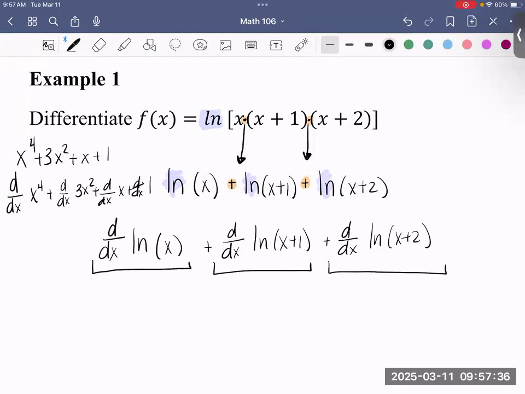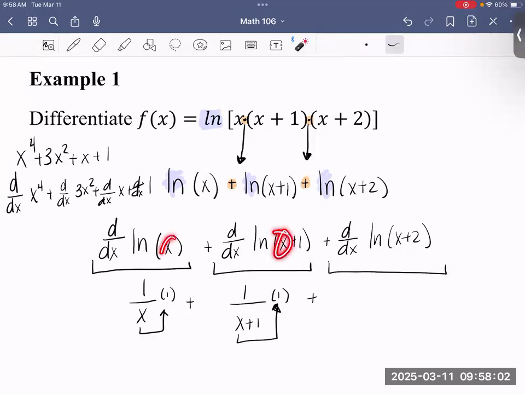So here we have just plain old ln of x, which we now know is just 1 over x, plus 1 over x plus 1. And keep in mind, you do have the chain rule of that ln of x plus 1. Same thing, chain rule here. The chain rule doesn't matter so much for this one because each one just has the derivative of itself times 1.